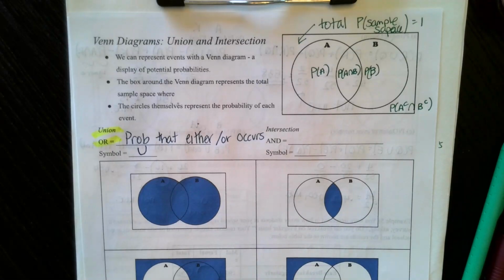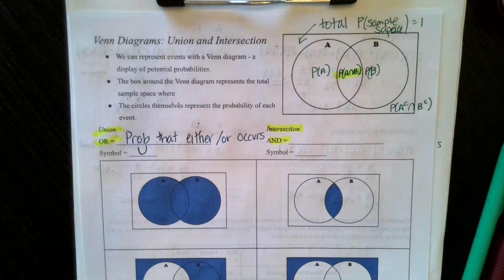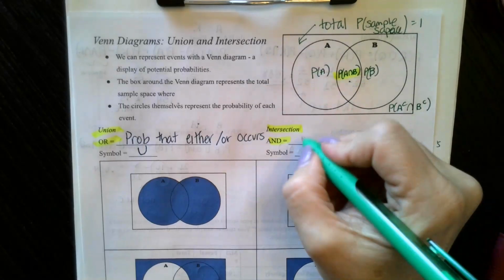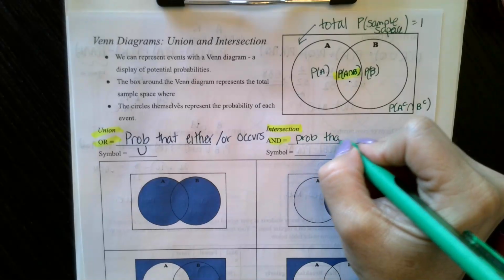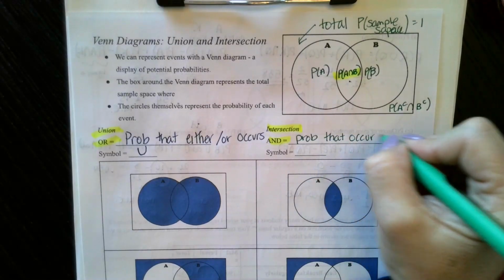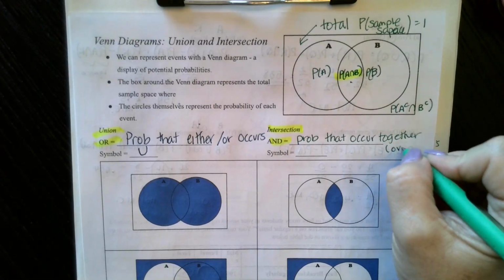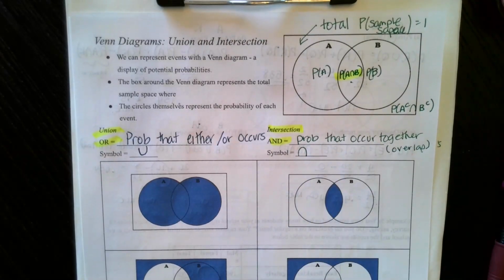When we have an intersection, this is going to be our and, and we just showed that up here, right? Here's my intersection, here's my and, and that's going to be the probability that they occur together, or as we've been saying, they overlap. And we use this upside down kind of N without the lip on it, okay?